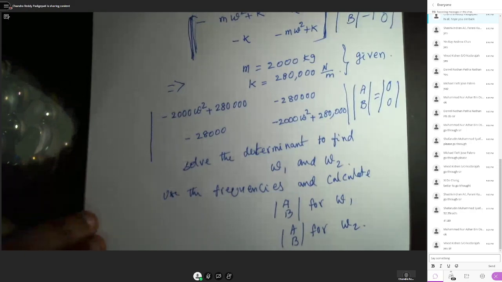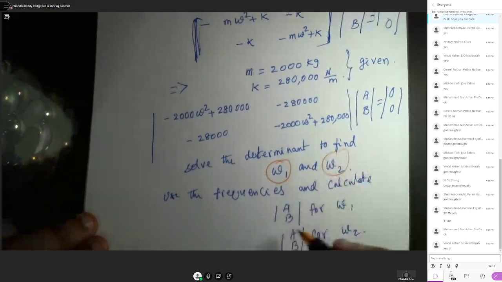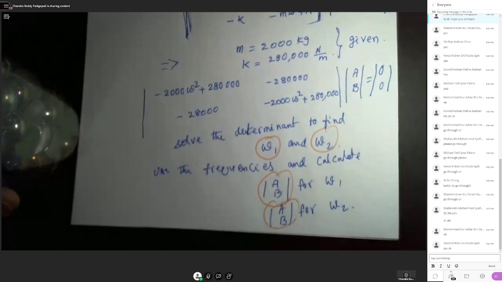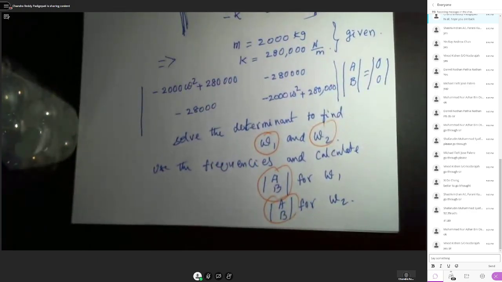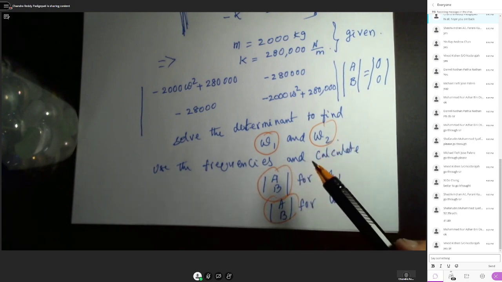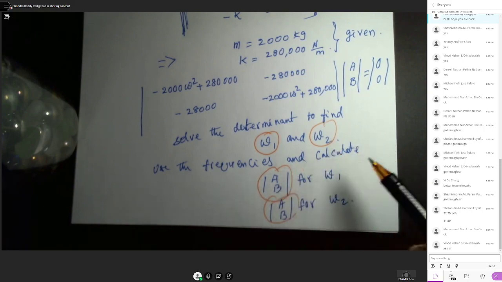So your job is to find omega 1, omega 2, then A and B. I think the calculations will take a long time, so I just leave it here.